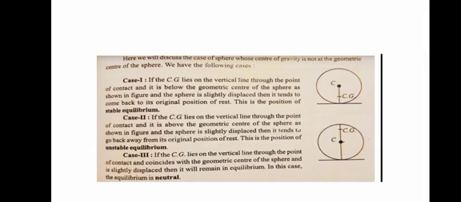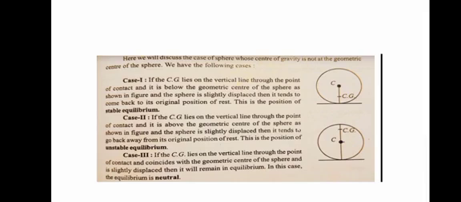Here we will discuss the case of a sphere whose center of gravity is not at the geometric center of the sphere. We have the following cases. Case 1. If the center of gravity, that is CG, lies on the vertical line through the point of contact and it is below the geometric center of the sphere as shown in the figure, and the sphere is slightly displaced, it tends to come back to its original position of rest.